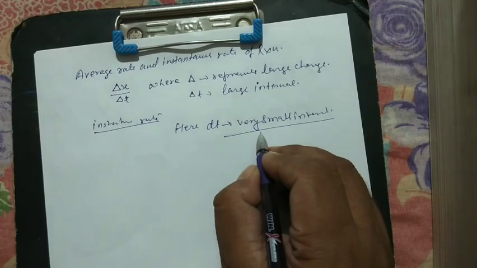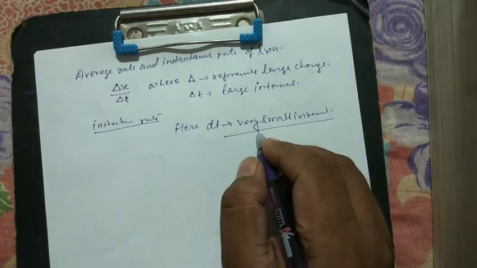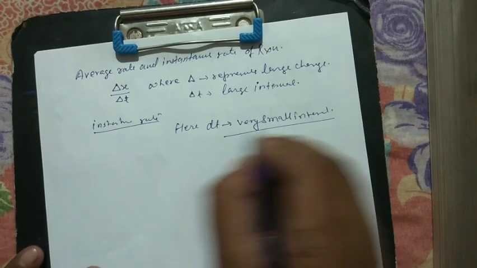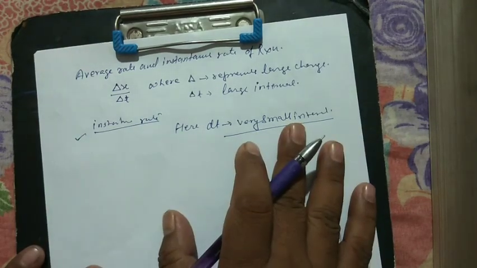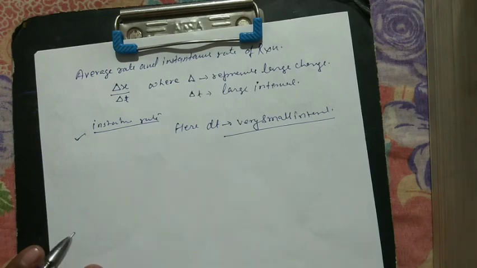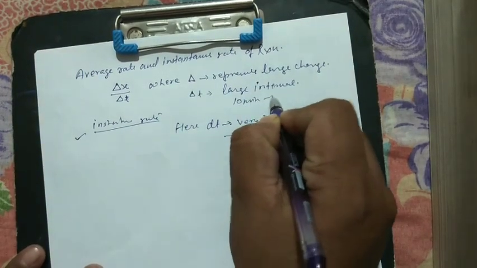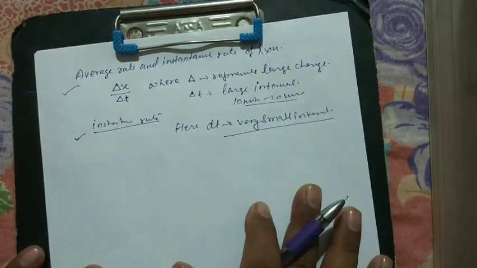Suppose we are talking about an interval of 1 second or a fraction of a second, then we use the term instantaneous rate. And for a large interval of time, like between 10 minutes to 20 minutes, we use the term average rate.